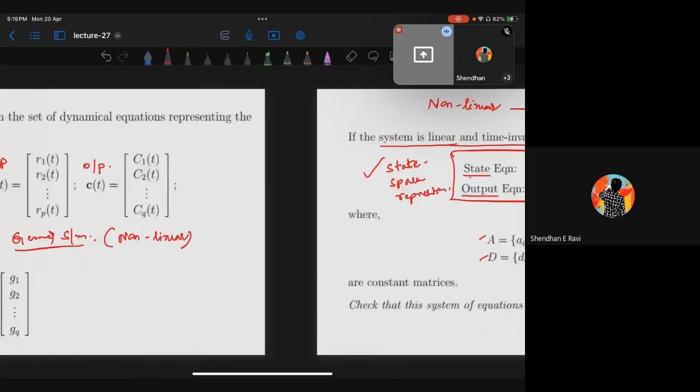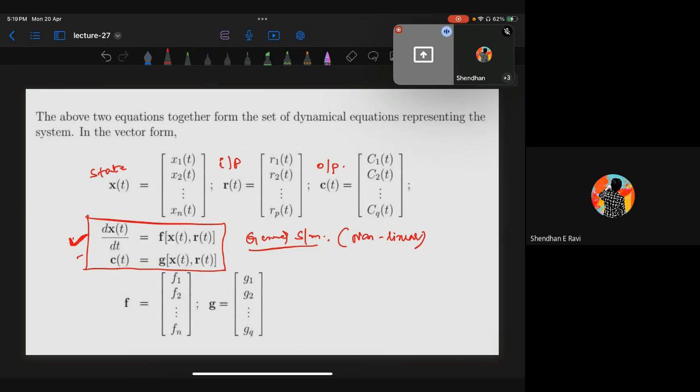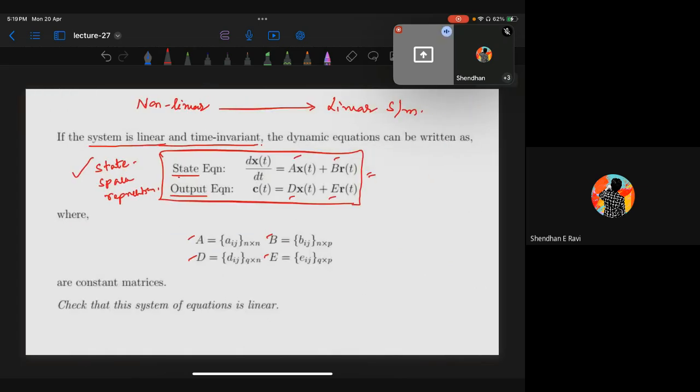This is a nonlinear system, this is a linear system. This process is called linearization. That's one of the topics already discussed in the video.